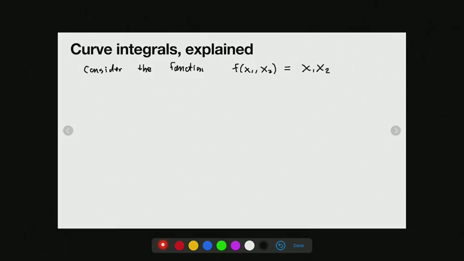Very simple. We use the straight parameterization, t being mapped to (1 plus t, 2 plus t). Let's see what happens. We have the integral along gamma of f dl. That's how we write our curve integrals.